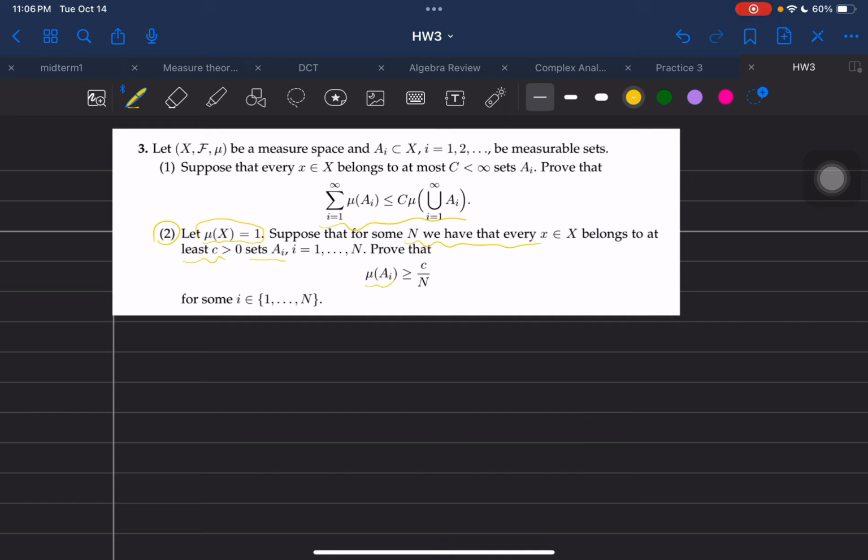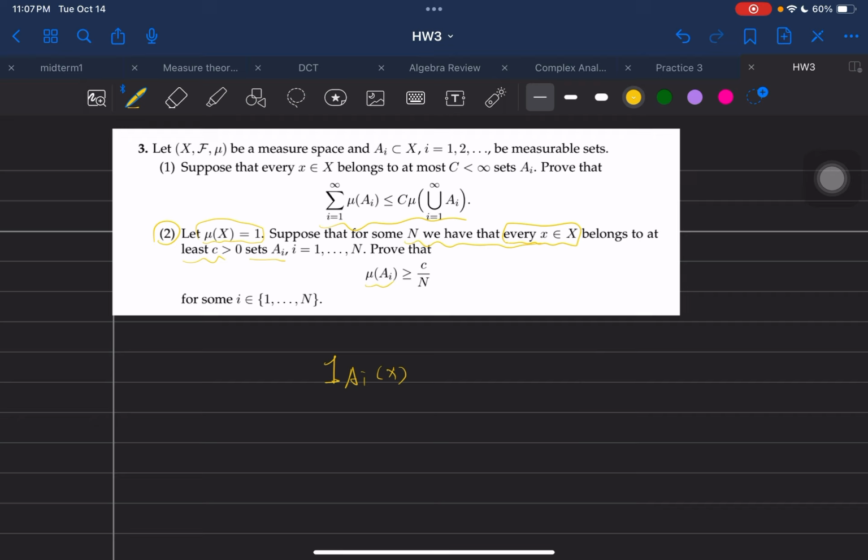So we're gonna change the measure into the indicator function, and we're gonna count how many times the x belongs to those A_i, and we're given that every x belongs to at least c sets A_i.